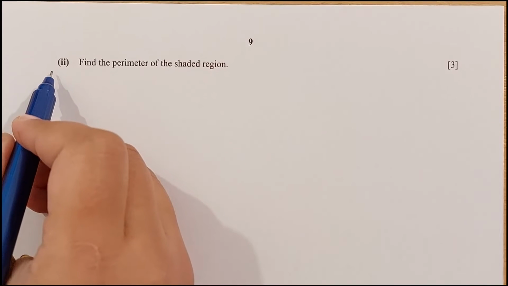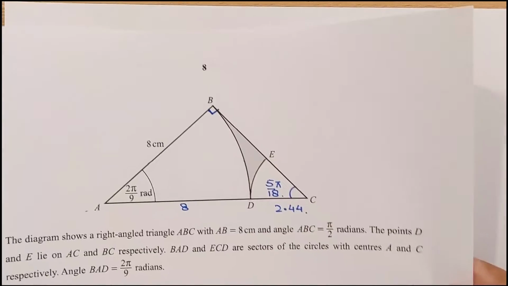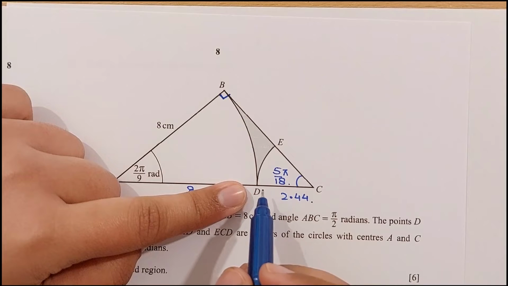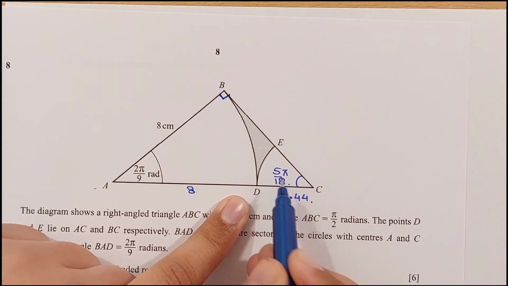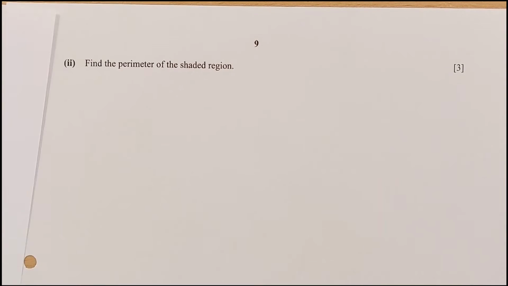Now for the second part, find the perimeter of the shaded region, right? You can see the shaded region, we need to find BD, the arc length of this sector, DE, the arc length of the smaller sector, and B to E, right? So first let me find the arc lengths.